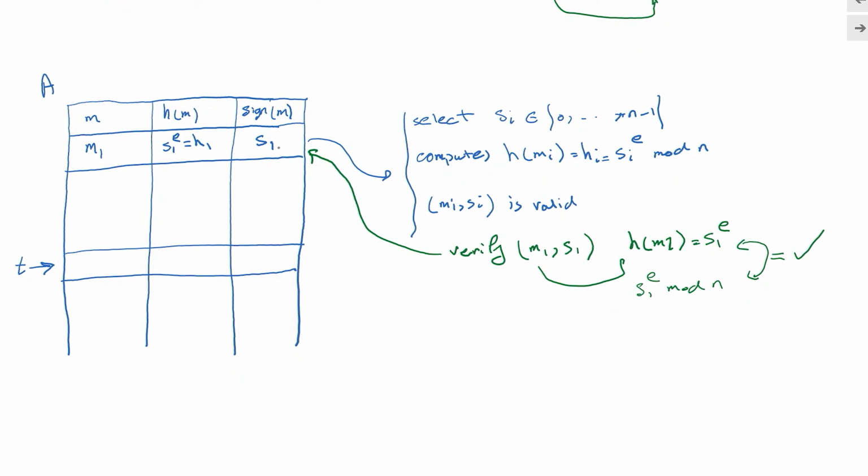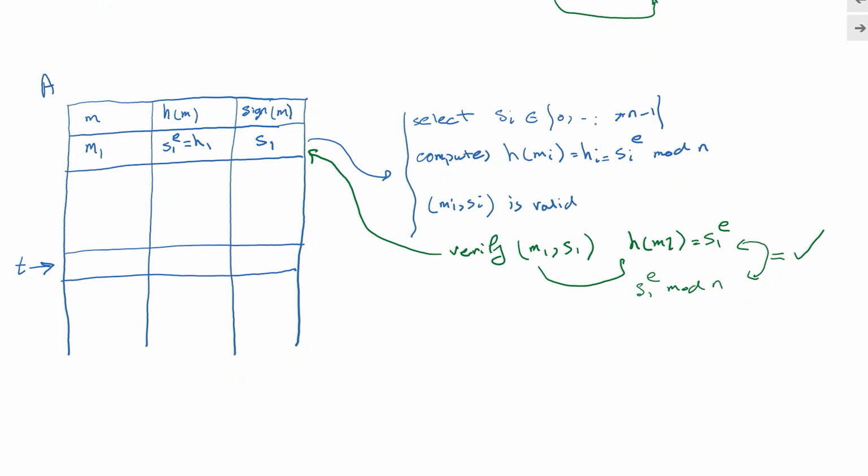So we know that later he will come back and ask for the signature of this message. By our construction, we have to do it this way, because we have to select the signature, and then based upon that we set what the output of our hash function should be. So in the eye of the forger, everything is okay, and we are simulating what an actual signer with access to the private exponent D would do, because everything again looks random.